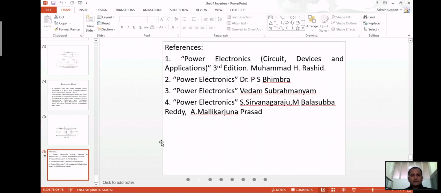Power system application is another module with power electronics as a prerequisite. These FACTS devices, Flexible AC Transmission Systems, are all power electronic devices actually.